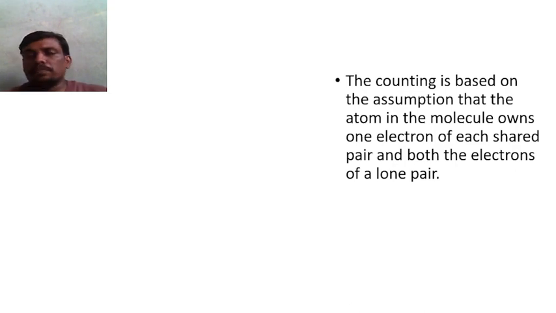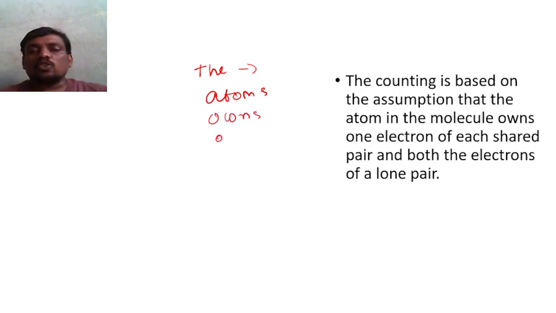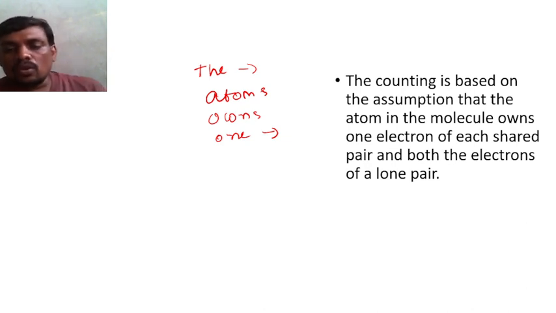Counting is based on the assumption that the atom in the molecule owns one electron of each shared pair and both electrons of a lone pair.